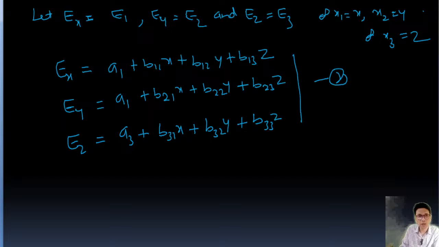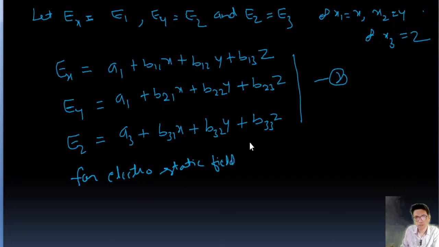Now guys, for an electrostatic field, where there is no charge, we know del cross E equal to 0.